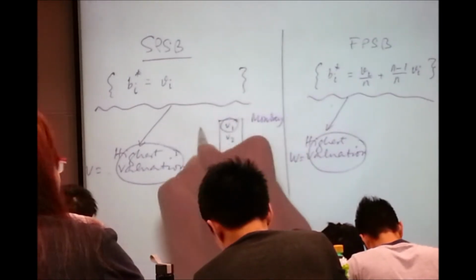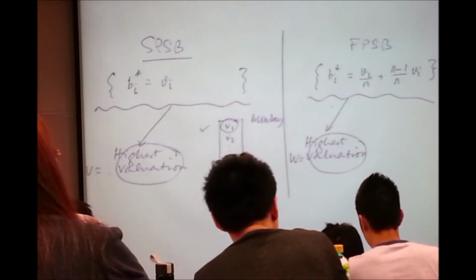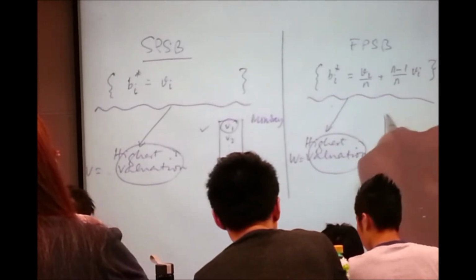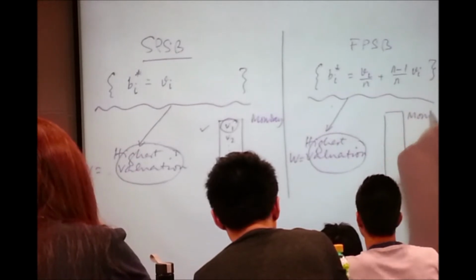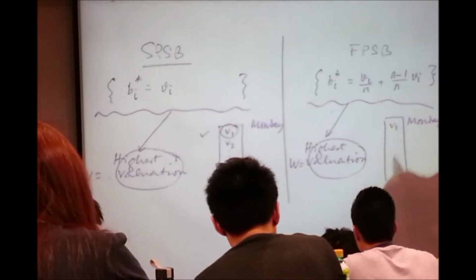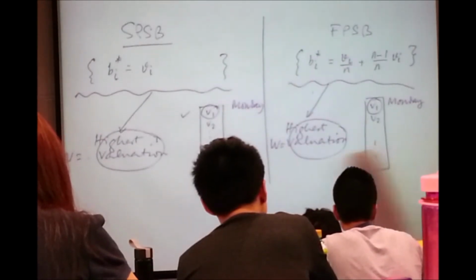The guy who will win will be this one. If I had conducted a first price sealed bid auction here, again, the guy who will win is no different. Same guy. I'm auctioning sunglasses in the Monday class.